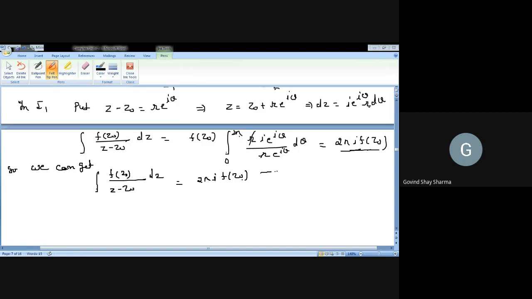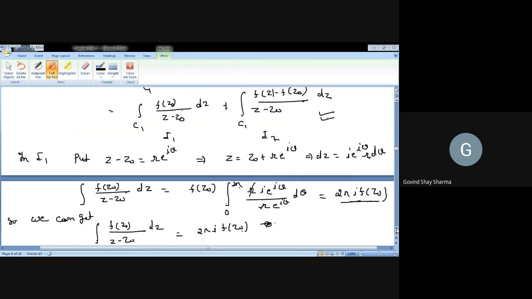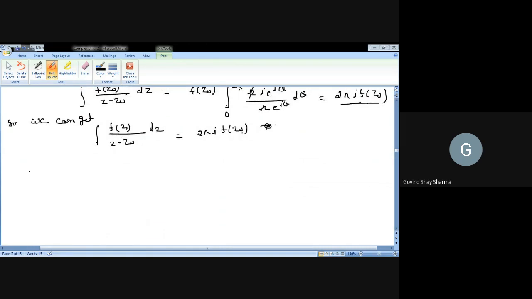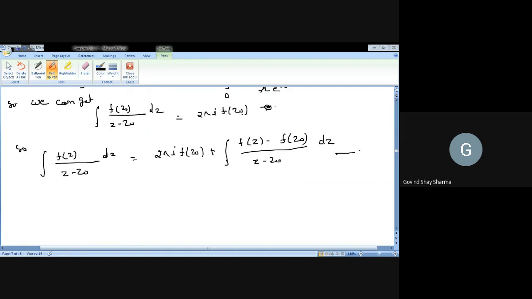Now we put this value of I1 in the equation, and we get the integral of f(z) upon z minus z0 dz equal to 2 pi iota f(z0) plus the remaining integral, equation 1.